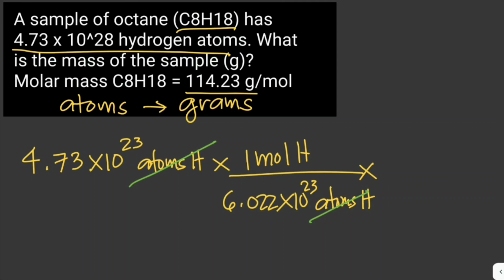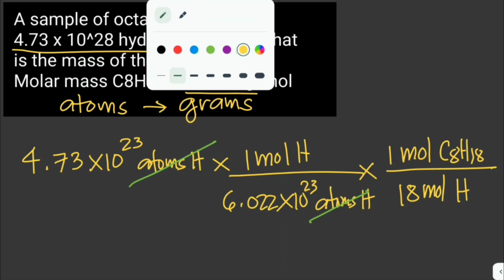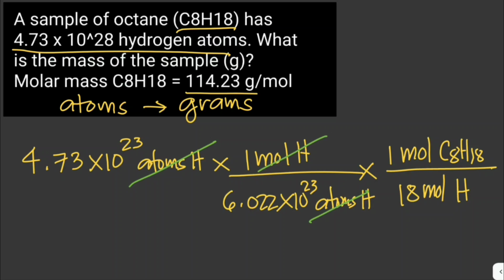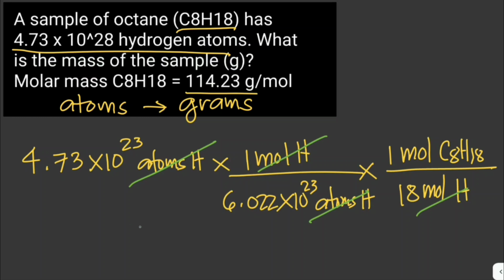So the molar ratio would be 1 mole of octane per 18 moles of hydrogen. So the mole hydrogen here cancels out, and then we're left with the number of moles of octane.